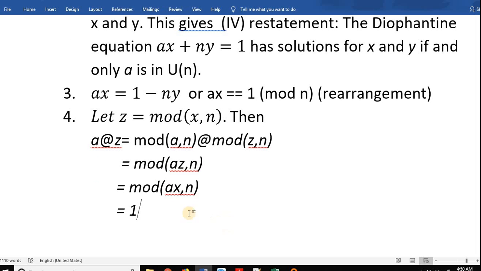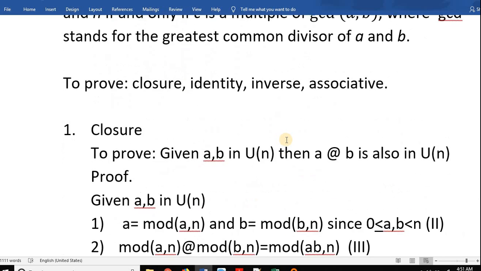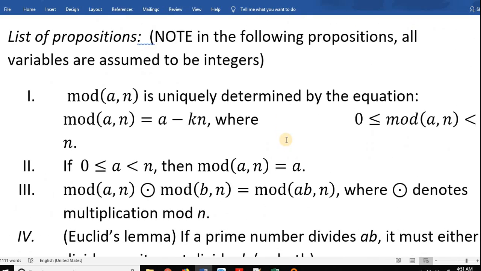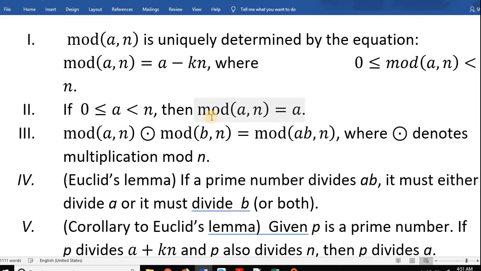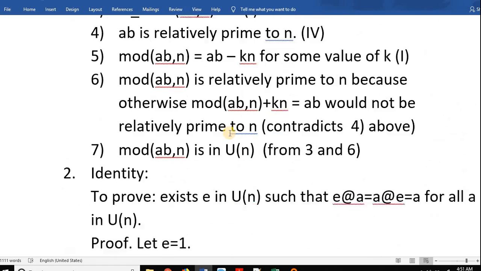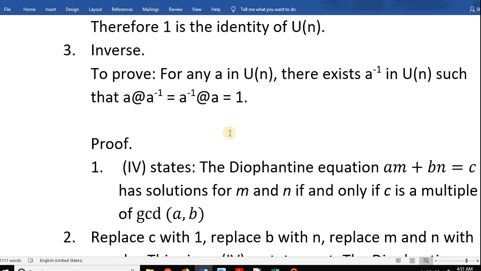Okay. All right, so let's backtrack and make sure we have all the reasoning here. I'm letting z equal mod x, n. That's fine because I'm making my definition of z. Then a at z equals mod a, n at mod z, n, and this is by which one was it? I think it's 1. It's 2, right? Because we're looking between 0 and n, so it's by 2.